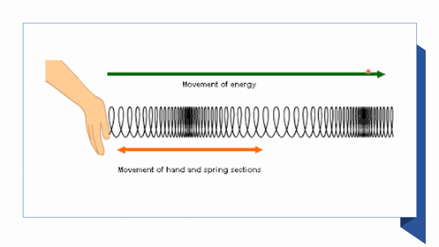Papalayo doon sa source natin, which is the hand ng person. Tapos, makikita natin na yung movement ng spring natin produces parts ng spring na nakakompress or dikit-dikit. Tapos, meron din mga part na naka-expand or hiwa-hiwalay.